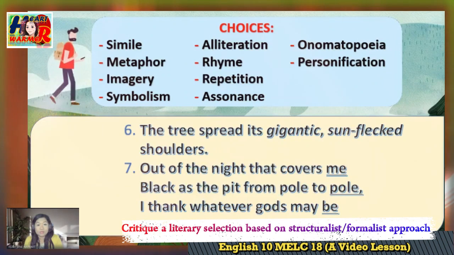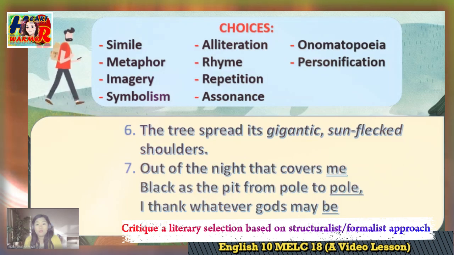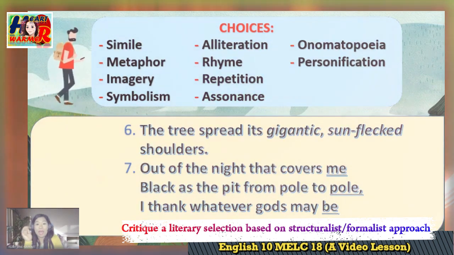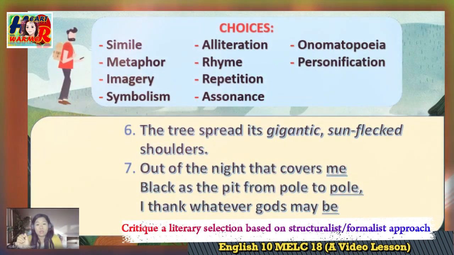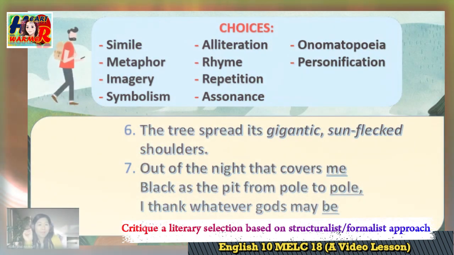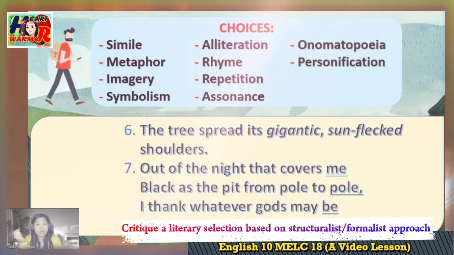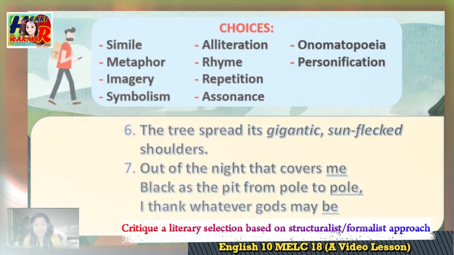Okay? Now let's continue with the next number. In number 6, it says here that the tree spread its gigantic sun-flecked shoulders. Now, gigantic and sun-flecked are being highlighted here by the use of italic words. Gigantic is an adjective, and sun-flecked tries to put a mental picture which uses a certain kind of sense, the sense of sight.